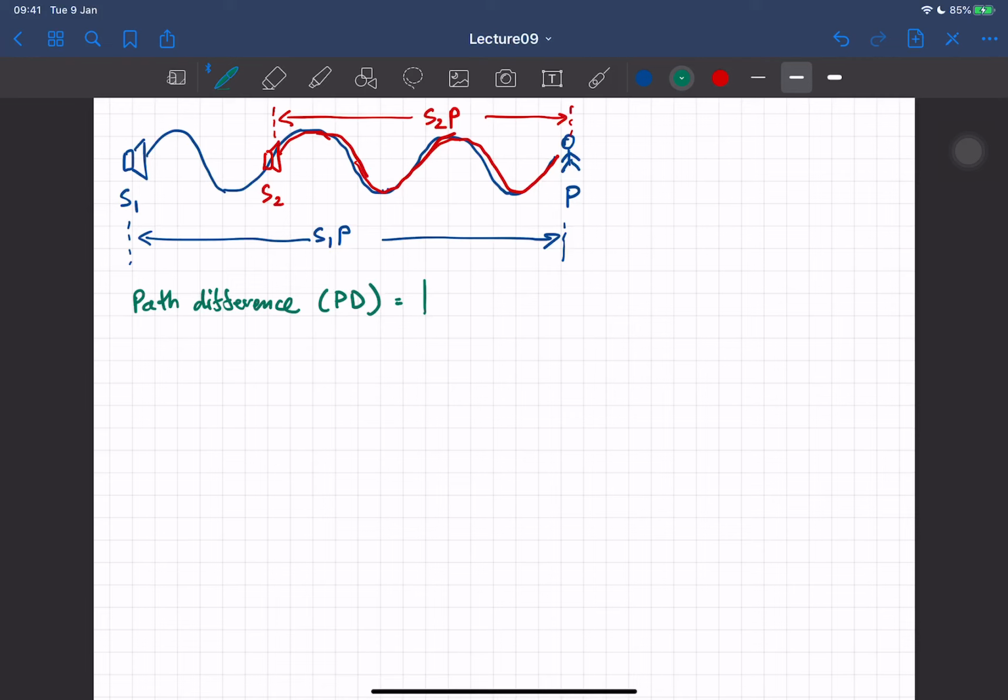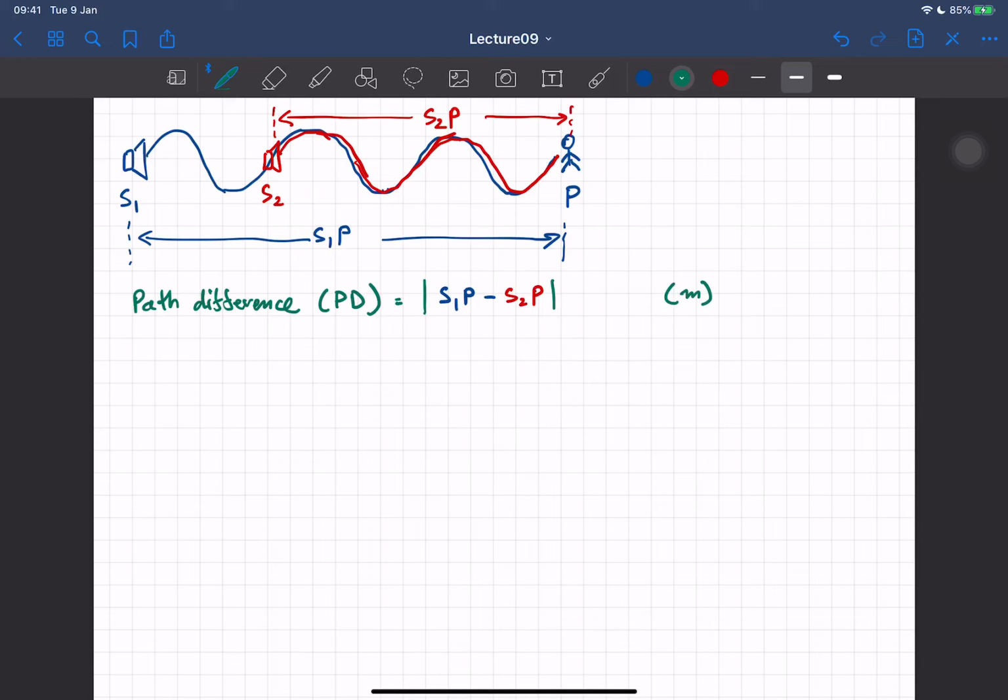It doesn't really matter. So it's going to be the absolute value of the distance S1P minus the distance S2P, like this. Okay, the path difference is the difference in the distance. So usually it has the unit of meter. Okay, so don't forget about this.